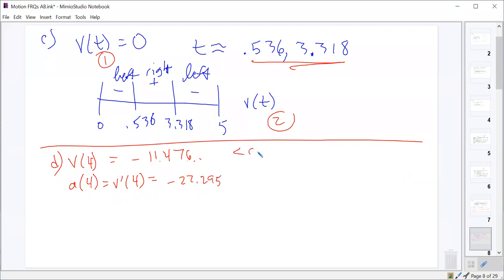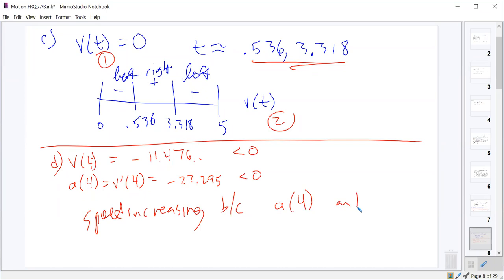And since we note that this is less than 0 and this is less than 0, we would say that speed is increasing because a of 4 and v of 4 have the same sign.